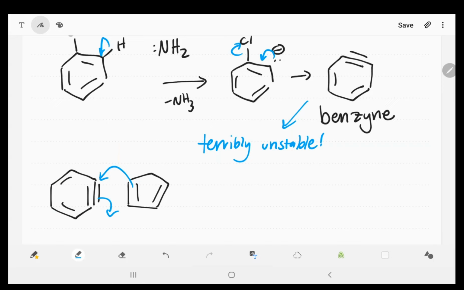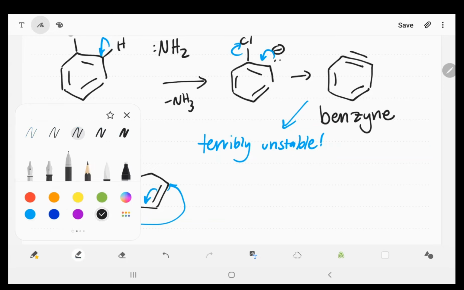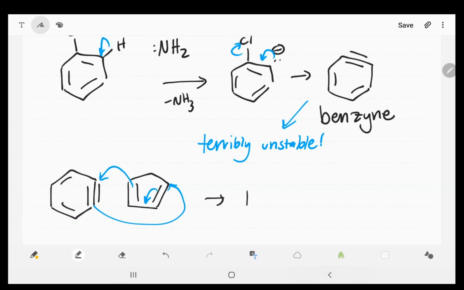Wait, hold up. That's totally wrong. There we go. So this one actually has to attack that side. There we go. Okay. What's interesting is you get a benzene as the last bit here.